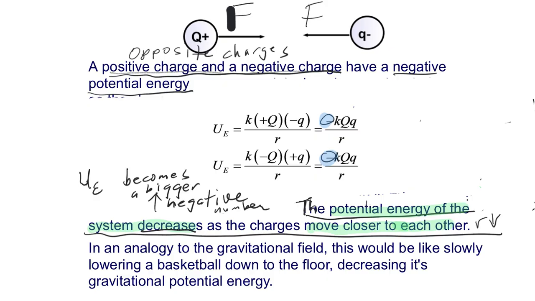So that's kind of confusing. The way I think about it is like a rock and the earth. This is an attractive gravitational force, and obviously the closer the rock is to the earth, the smaller the potential energy. Same if you had two unlike charges: the closer they are, the smaller the electrical potential energy.